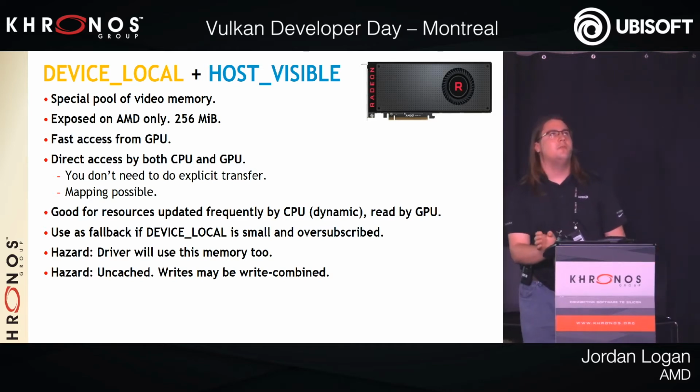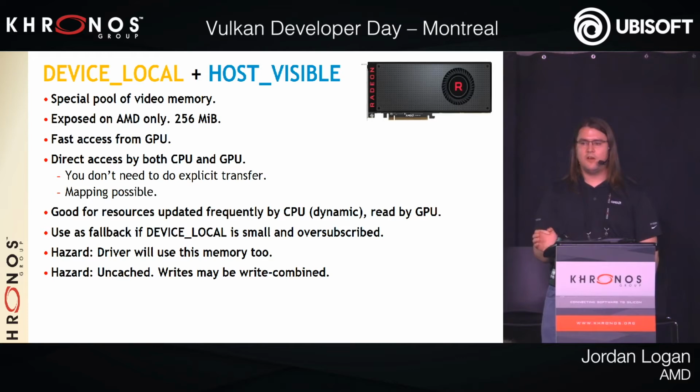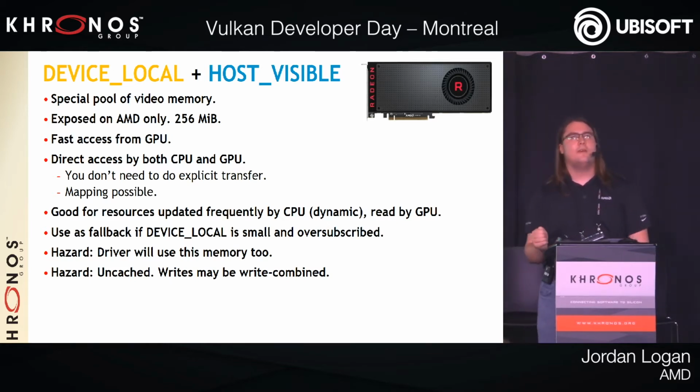One thing you do have to realize is that since this memory has been carved out of your normal device local heap, you could actually severely reduce that heap size, especially on lower end cards where there's only 1 or 2 gigs. This is a significant portion. So you should also use this heap and memory type as a backup to that.